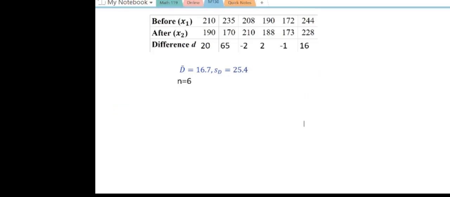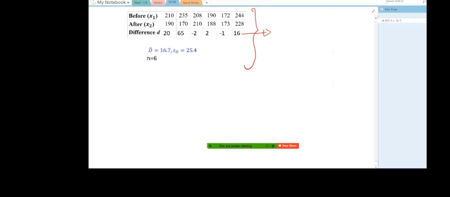So if you have the data as follows, you calculate their difference, you end up here. So all you have to do, you look at this group of data and deal with those numbers. So this results in n being 6.